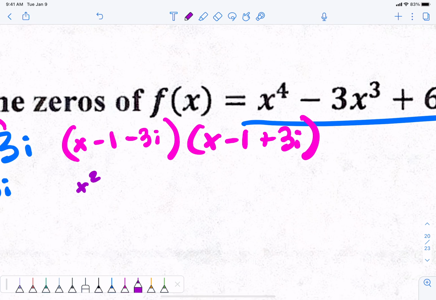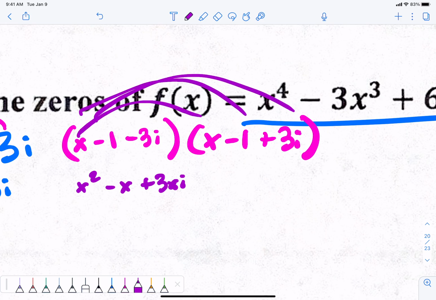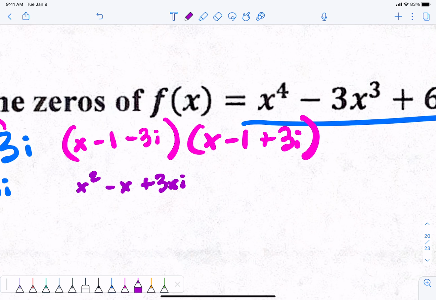x squared minus x plus 3xi. Oh, I'm skipping. Okay. Minus x plus 1 minus 3i. Well, the pluses and minuses go away, so it's x squared minus 2x plus 1.